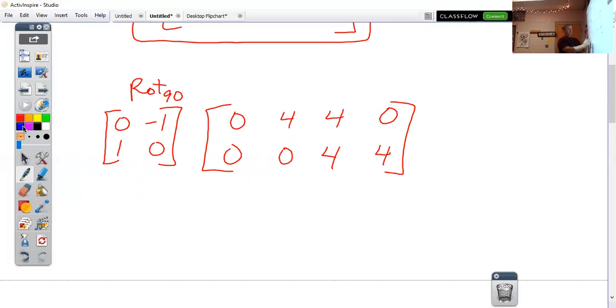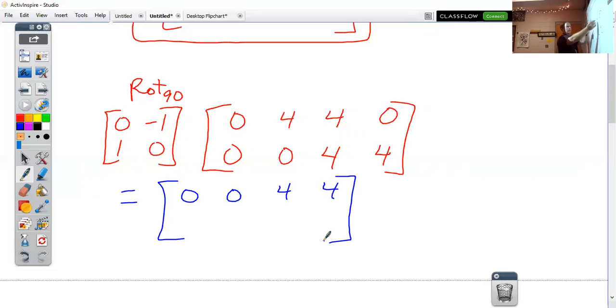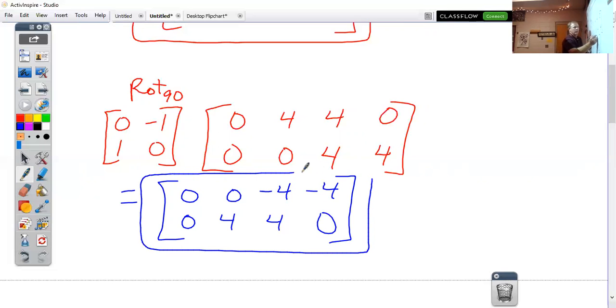So I'm going to flip it first. I'm going to put this on the top, 0, 0, 4, 4. And then this goes on the bottom, 0, 4, 4, 0. And now I change the signs of the top. Negative, negative. Boom. That would be your answer if it was rotating 90 degrees.